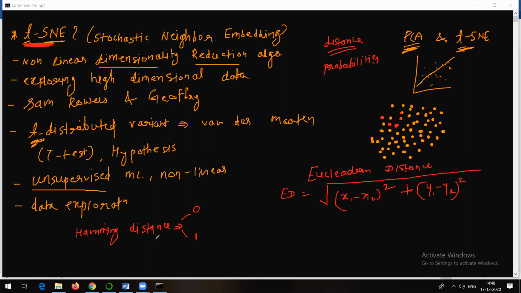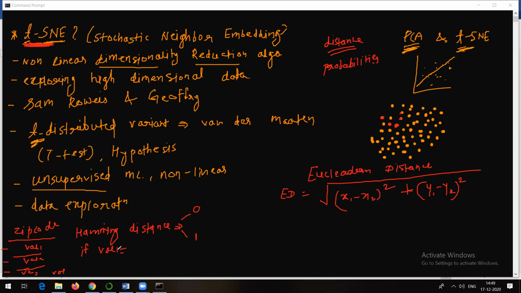For example, just take an example of zip code. Zip code is value 1, value 2, value 3, and so on. And zip code will be repeated again and again, because if the city is repeated, zip code is going to be repeated, or if the area is repeated, zip code is going to be repeated. So value 1, value 2, value 3, value 1, value 2, and so on. So how is Hamming distance going to be used?